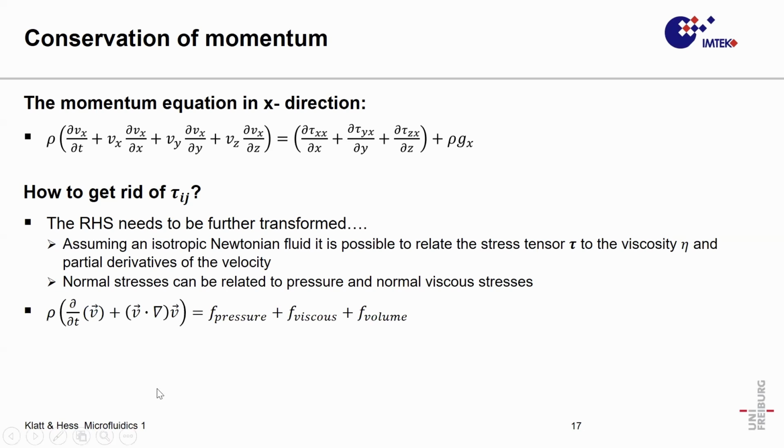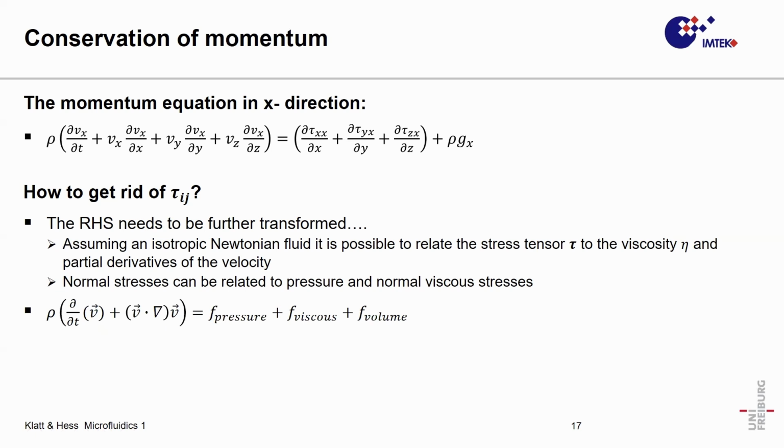And if we do this, our formula looks a little bit different. You can see on the left-hand side, again, this is just a different notation from this here. So those two terms are completely identical. Right here, they are written for a Cartesian coordinate system, and here they are written in tensor notation.